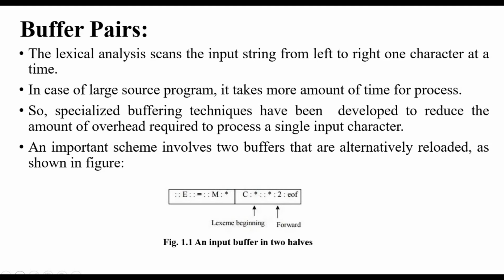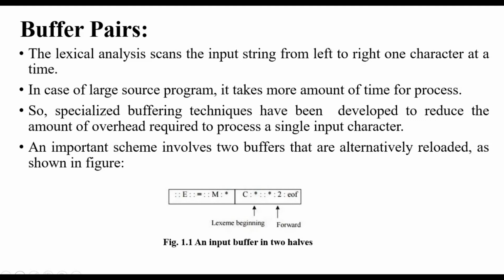So in buffer pair, according to its name, it uses buffers in a pair. There are two buffers which have equal size. The lexical analyzer scans the input string from left to right, one character at a time. In case of a large source program, it takes more time for processing.